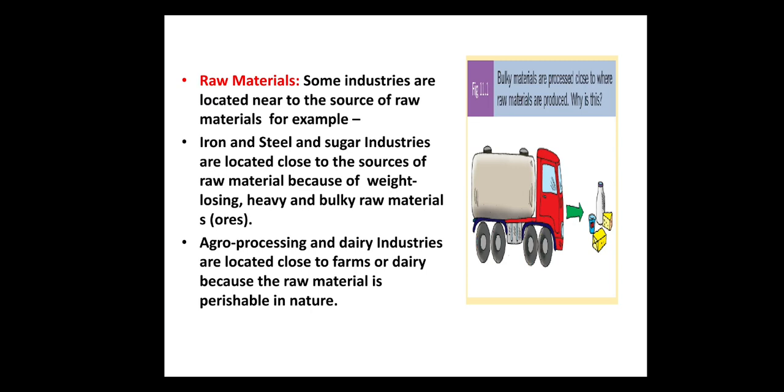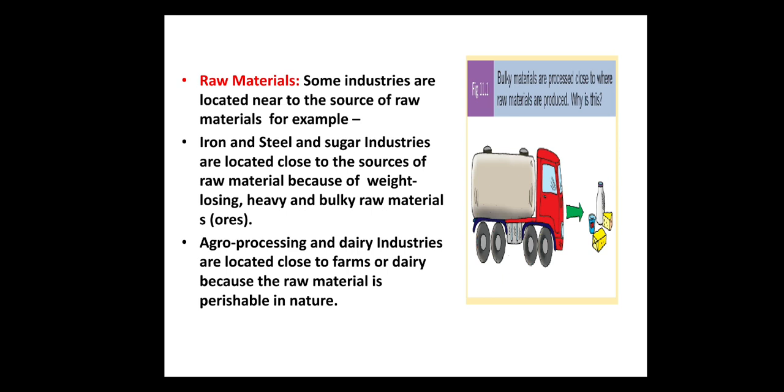If we locate an iron and steel industry far away from the raw material, for example, if we transport 10 trucks of iron ore from the raw material site to the industrial site, and after processing that iron ore into iron and steel, we get only two trucks of iron, the remaining 8 trucks are a waste of money, because the raw material is weight losing. So because of that reason, they have to locate near the source of raw materials.